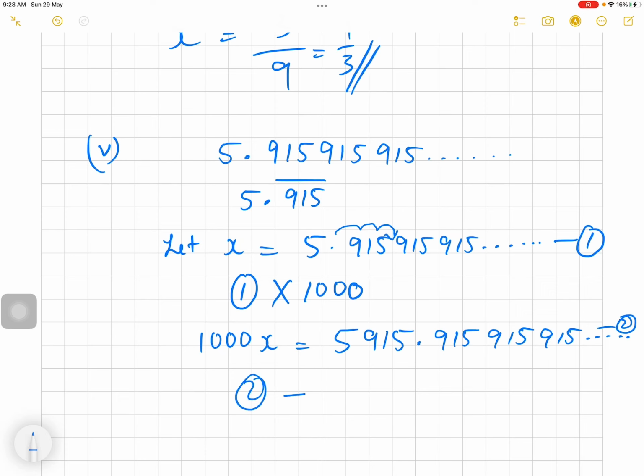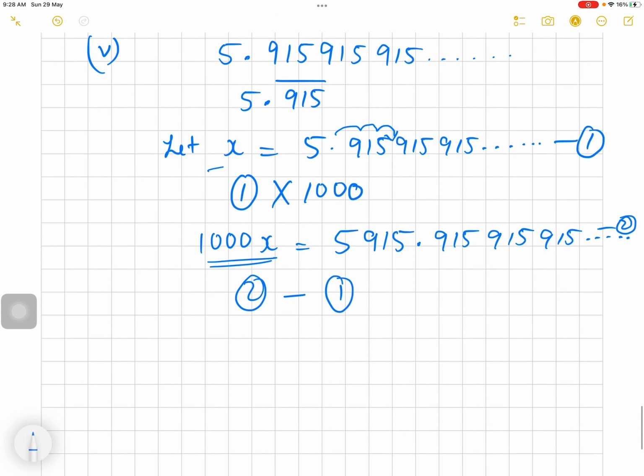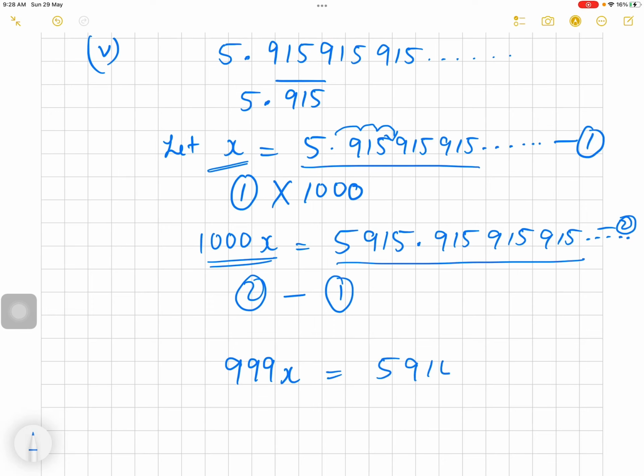Now let this be number 2. So 2 minus 1, 1000x minus 1x is 999x, and on the right hand side, this minus this, the decimal is the same, right? So 5915 minus 5 will be 5910.